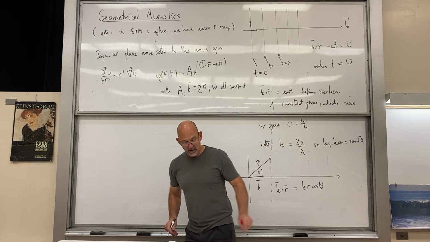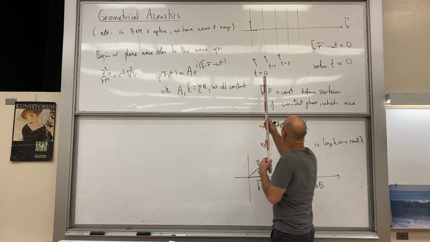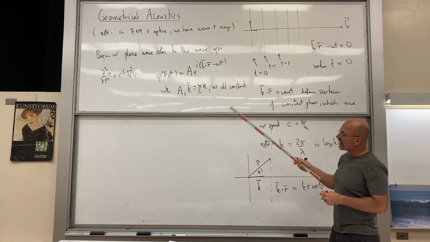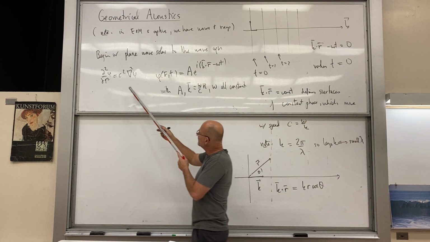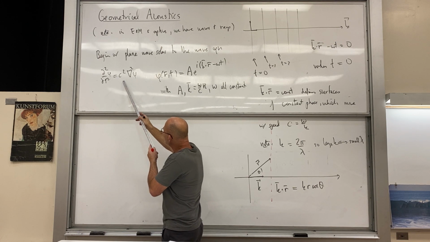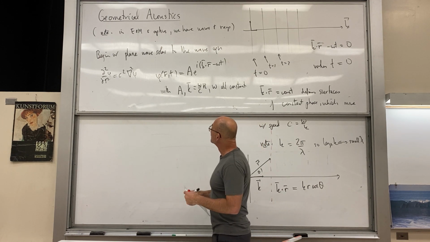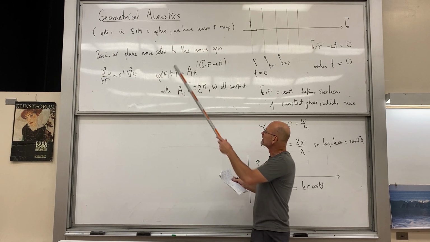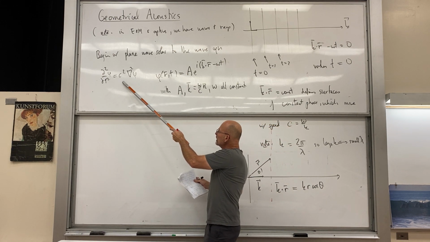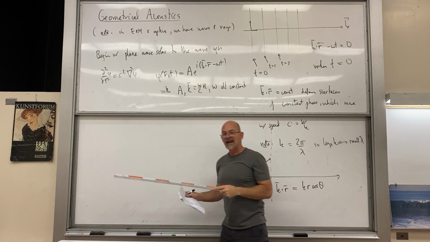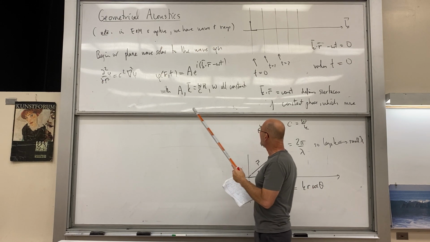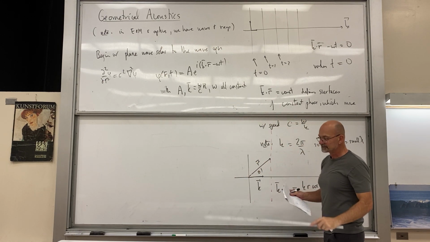That's enough. So now how do we generalize this picture? Well, we have to go back and realize that c is not necessarily constant. So the question is, in this geometrical acoustics discussion, what do you do when the speed of sound is not a constant, so it can vary throughout the medium?